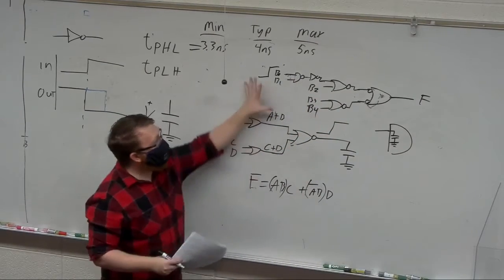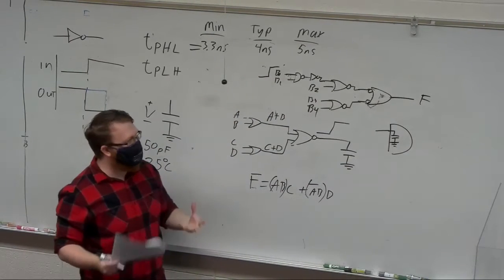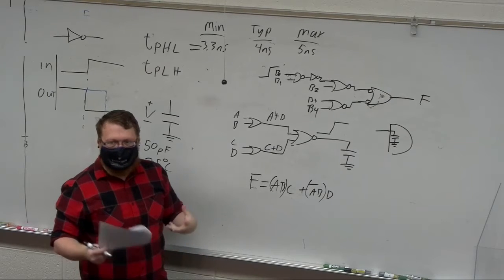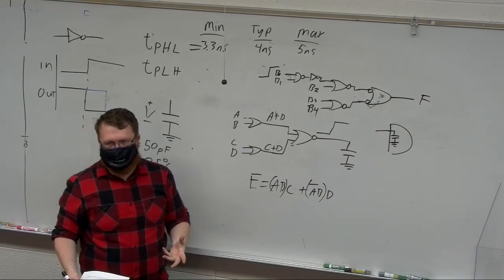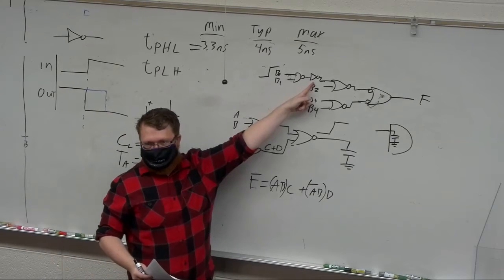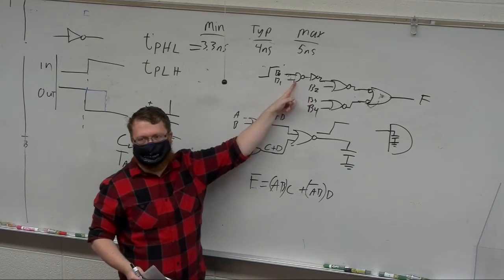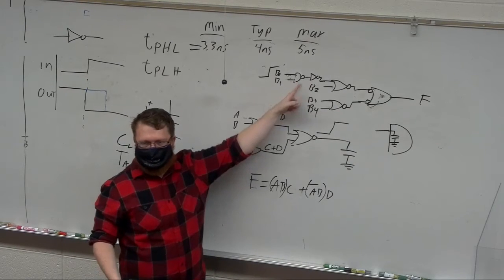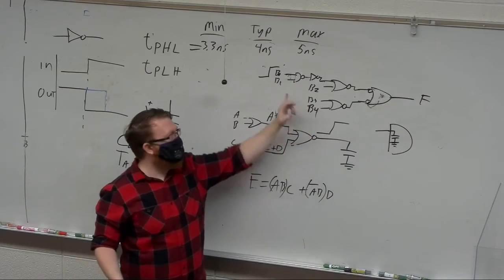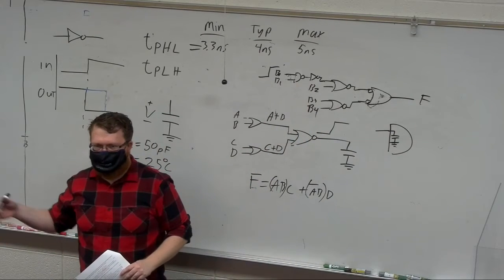Now this can get a little confusing because you may have two paths of identical length that actually one takes longer than the other, because the propagation delay for an inverter is probably shorter than the propagation delay for a NAND gate. Because an inverter is only 2 gates, single stage, NAND gates, 4 gates, right? It probably takes a little bit longer for your NAND gate to change.